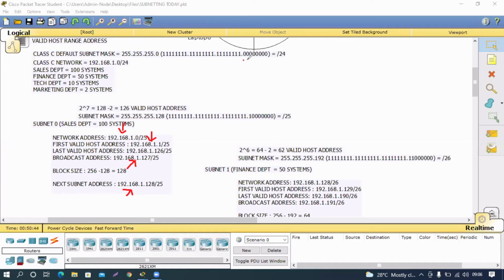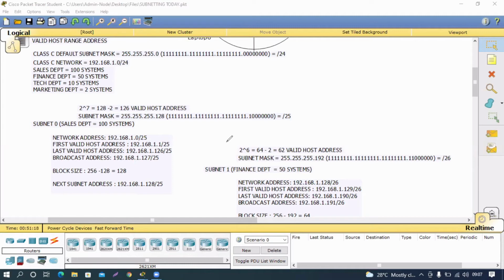Because in class C, the host bits are in the fourth octet, and we are doing subnetting on the fourth octet. This is the calculation. To get the broadcast address, subtract 1 from your next subnet address, and subtracting 1 from the broadcast address, you get your last valid host.